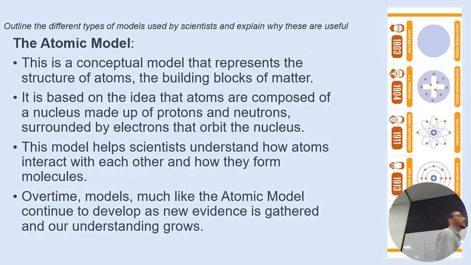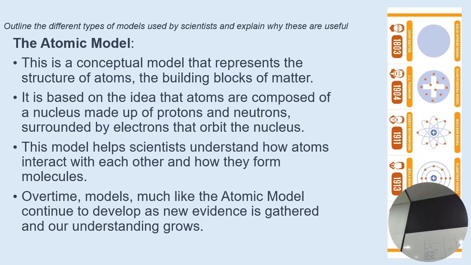We have the atomic model. And what I've displayed here on the right-hand side is an illustration to show that models are not constant. Models change over time as new bits of evidence come into play.